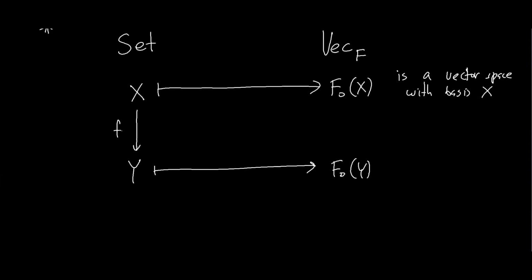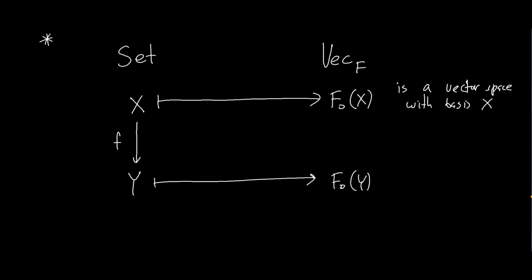In the category of vector spaces, a morphism is a linear map. Now, as Charles remarked, elements of this vector space are finite linear combinations of vectors from the set X. Maybe that will give us an idea how to define a linear map, which will be the F1 of f.